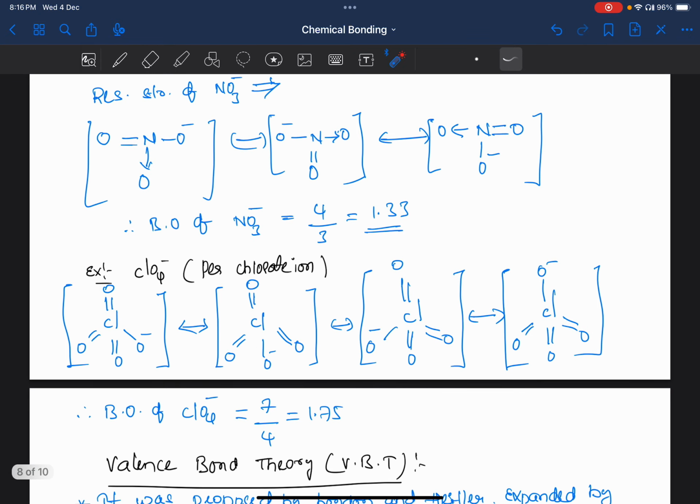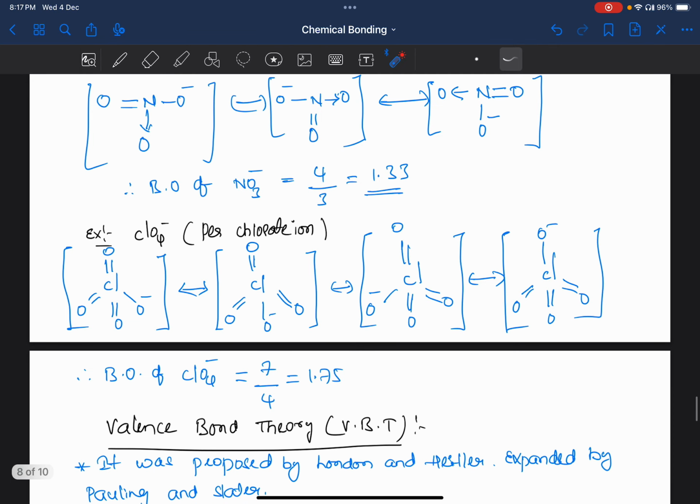One more example is the perchlorate ion, whose formula is ClO4 minus. Now I wrote its resonance structures. How many resonance structures are possible for this? 4 are possible. The bond order of the perchlorate ion is equal to 7 by 4.